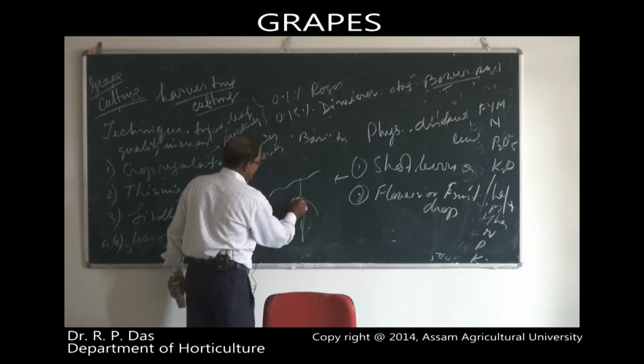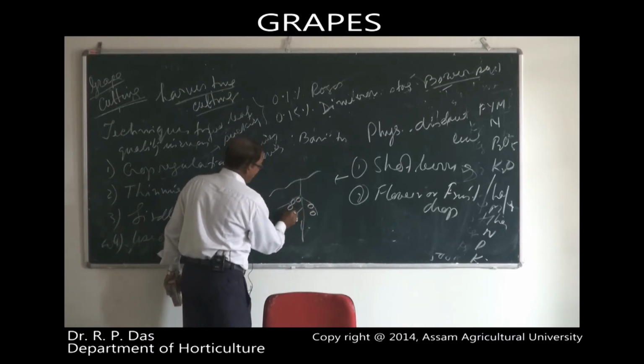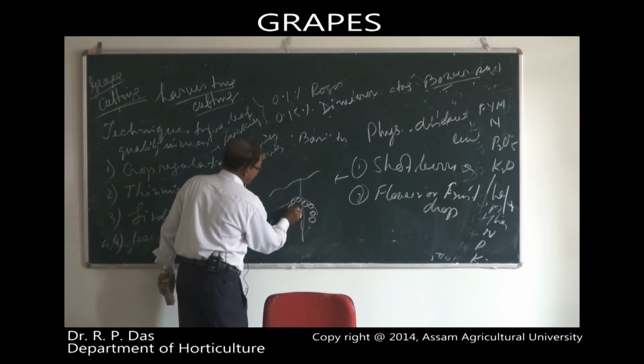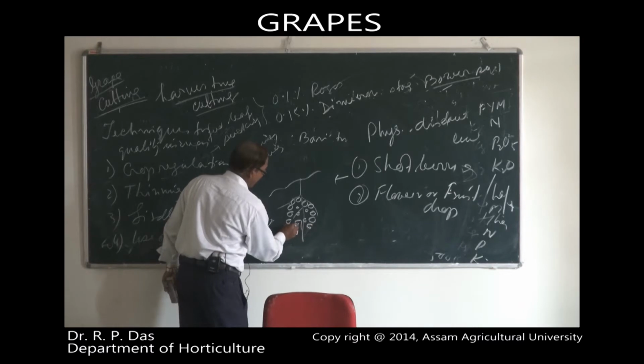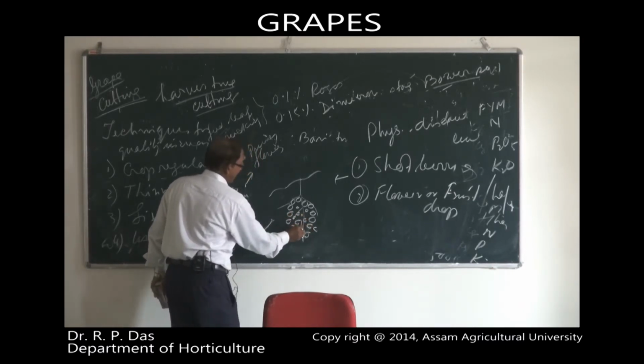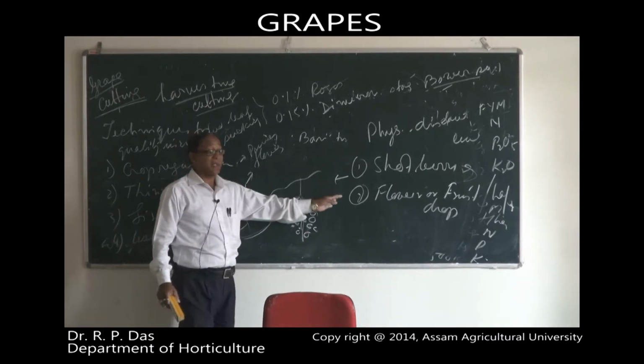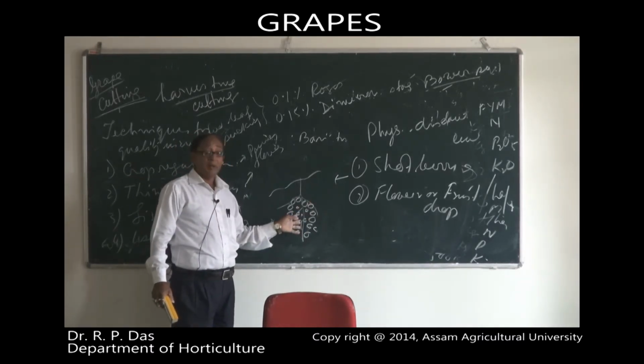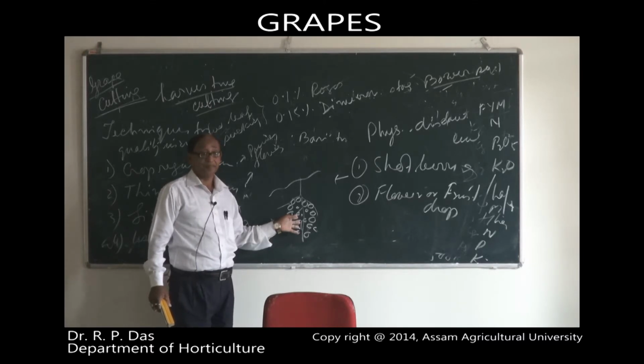There is proper development of the berries, but some berries will be small. All the berries of the bunch are not properly developed.